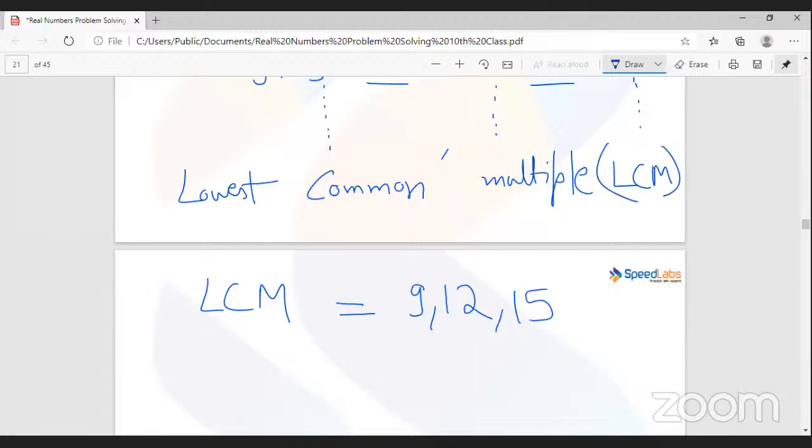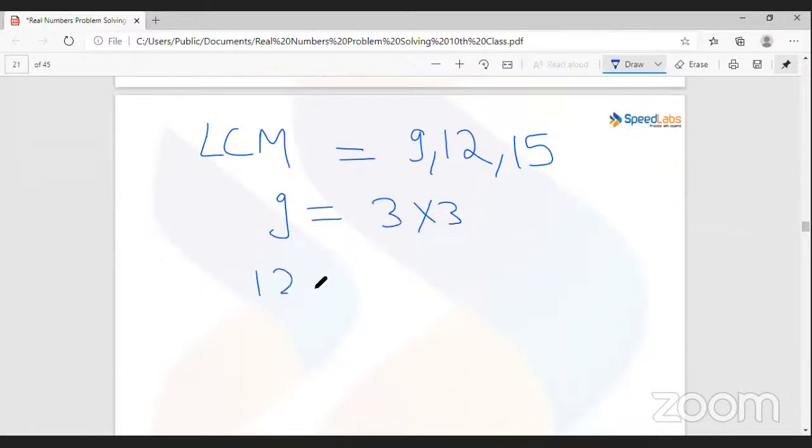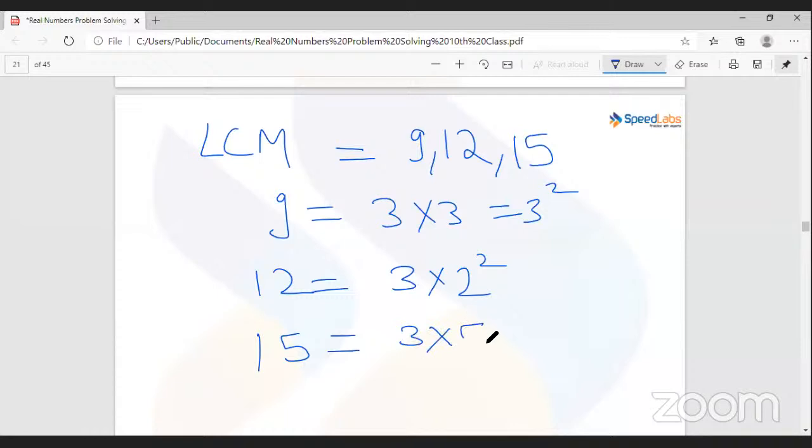LCM of 9, 12, 15 is what? 9 is 3 into 3. 12 is 3 into 2 square. 15 is 3 into 5.